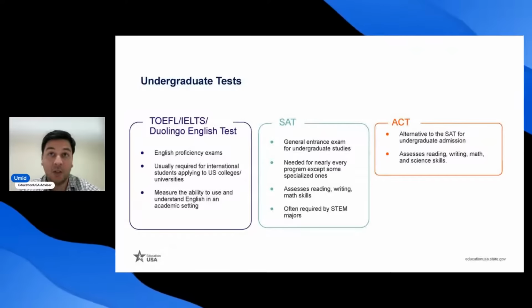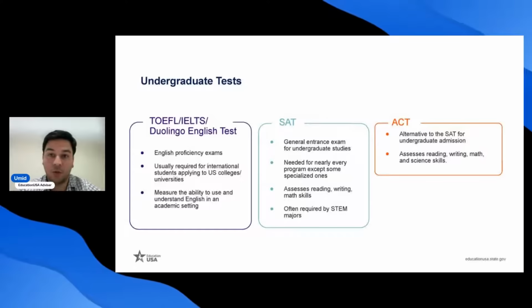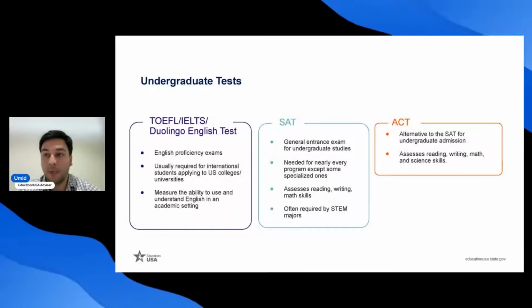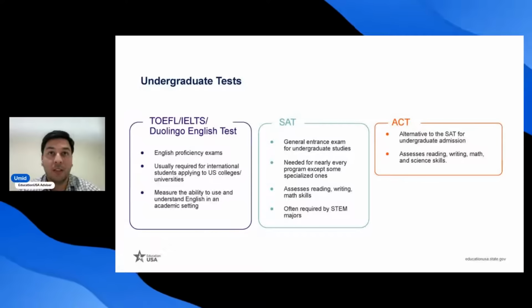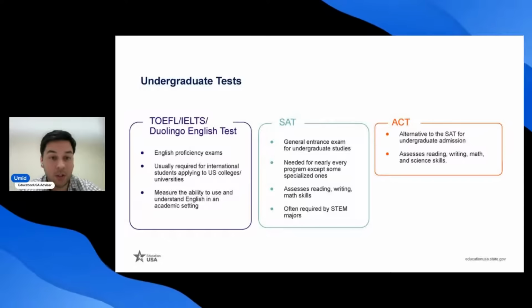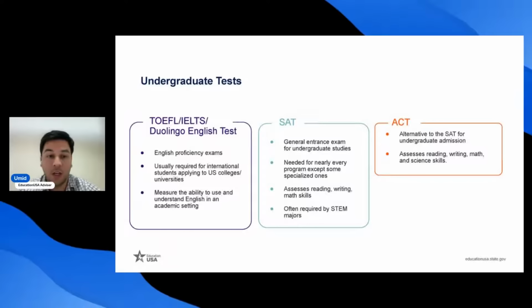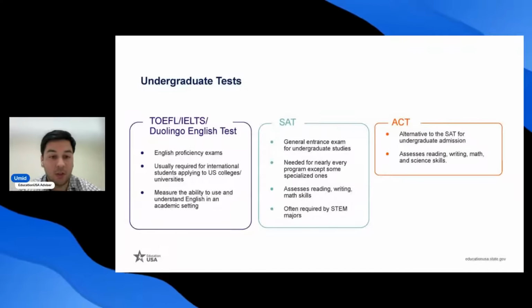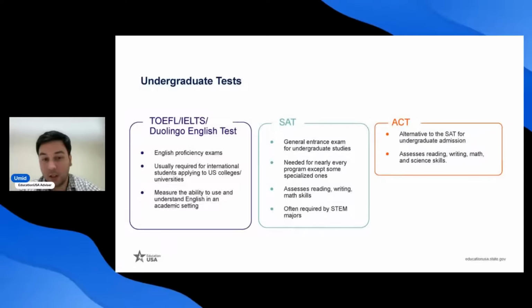It's very essential for universities to understand that you have a proper level of English to interact and learn in the language of the university. So it's usually required for international students applying to US colleges and universities, and it helps measure the ability to use and understand English in an academic setting.